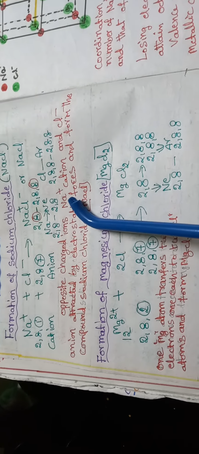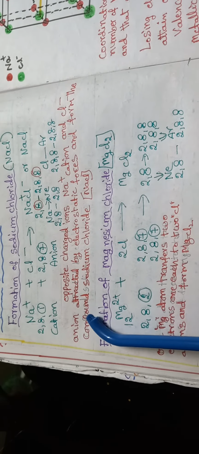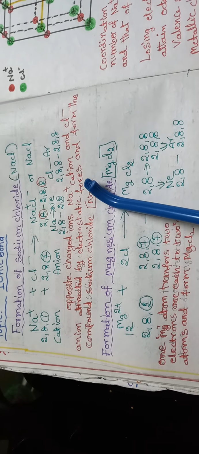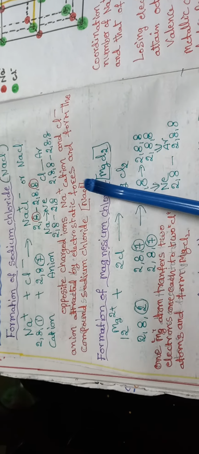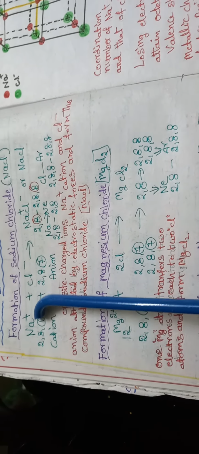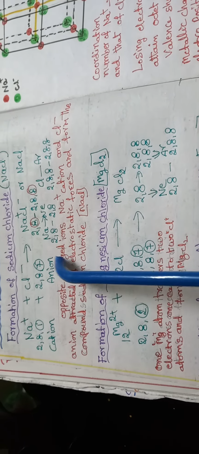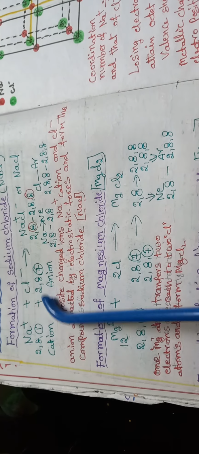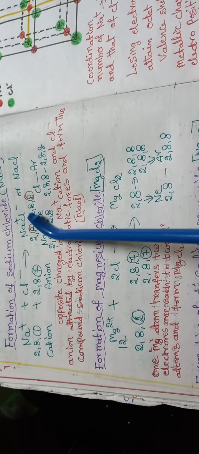Opposite charged ions, sodium cation and chlorine anion, are attracted by electrostatic forces and form the compound sodium chloride. So between sodium and chloride there are electrostatic forces, forming the sodium chloride compound.